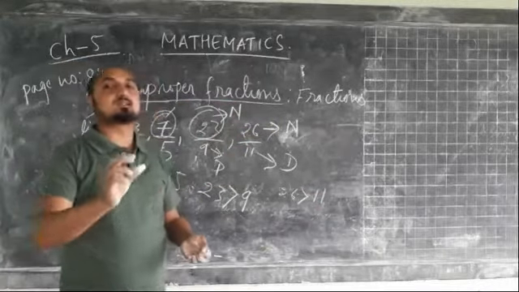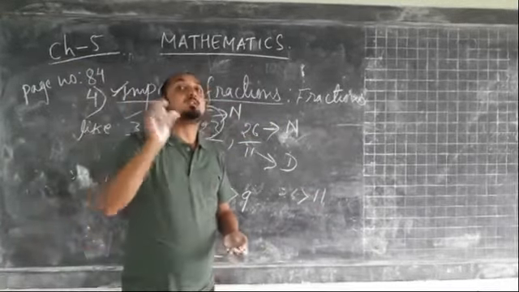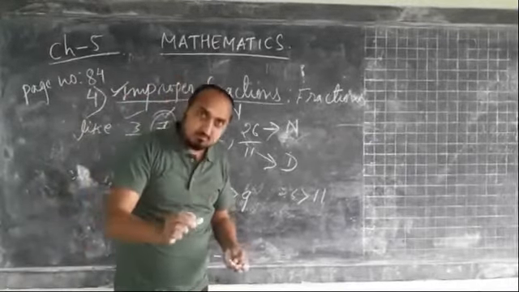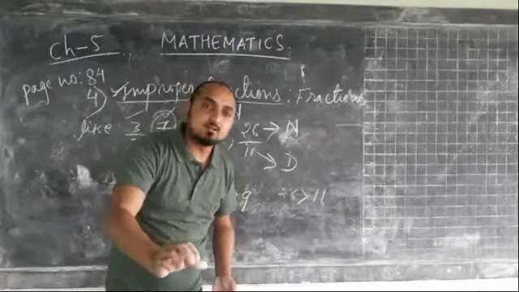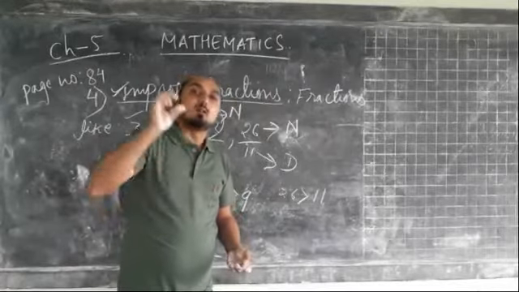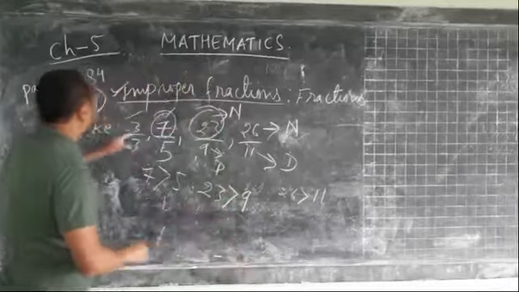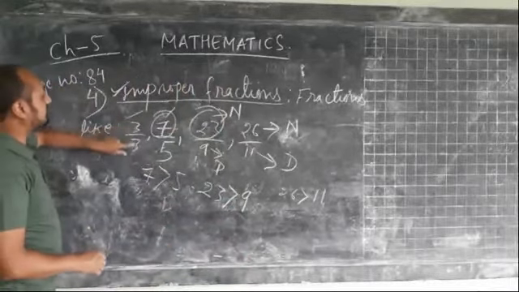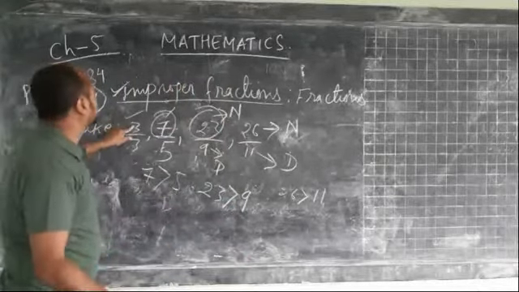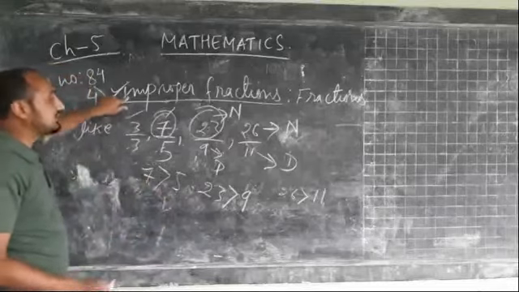Once again, in the case of improper fraction, the numerator will be the same as the denominator, or the numerator is greater than the denominator. So in the first example numerator and denominator are the same, so this can also be an example of improper fraction.